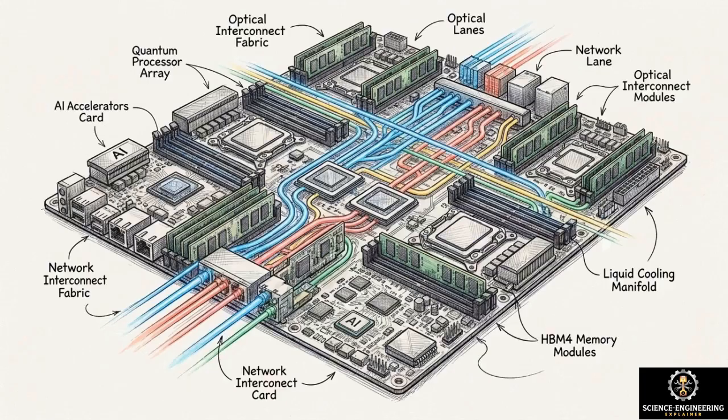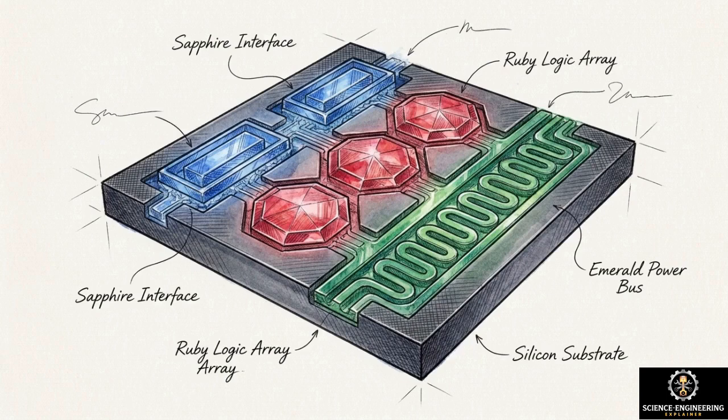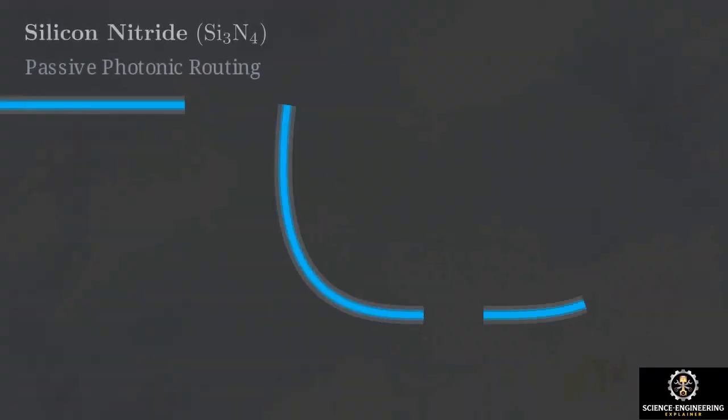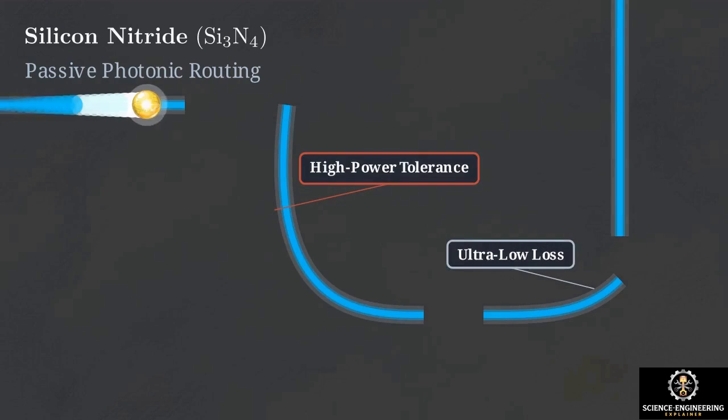The demands of co-packaged optics prove no single material can solve every problem on the chip. The future of OEICs is inherently a multi-material platform. For passive routing, silicon nitride provides low-loss waveguides and high tolerance to optical power.